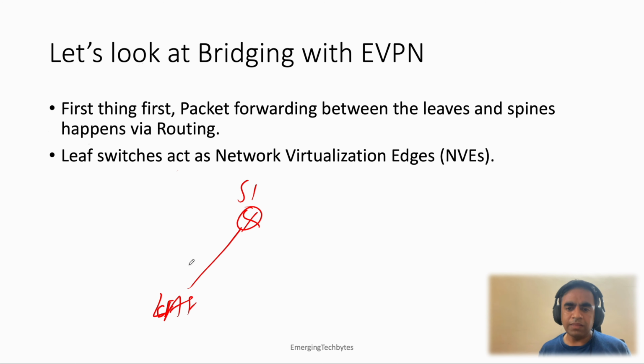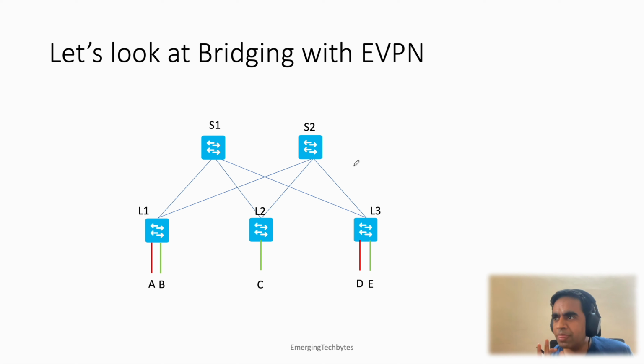Okay. So now let's look at, in the same scenario, how EVPN forwards the packets. Again, I have hosts A and D. They want to communicate with each other.